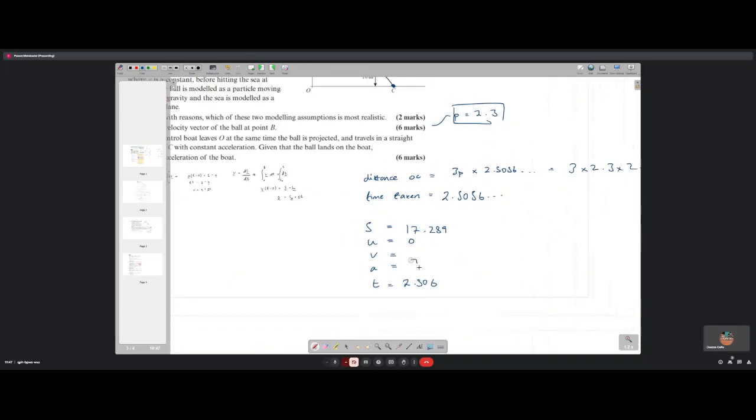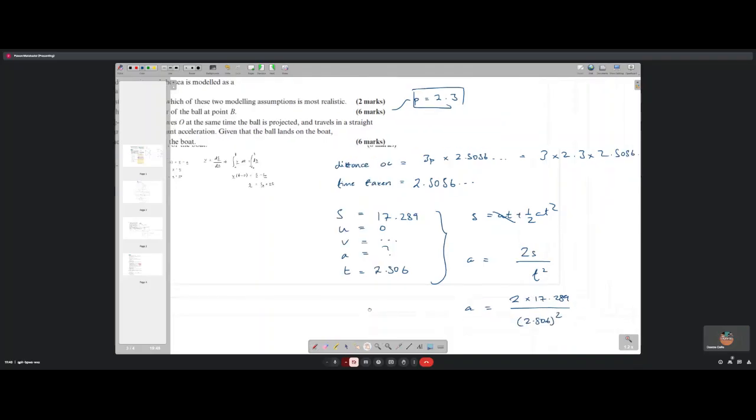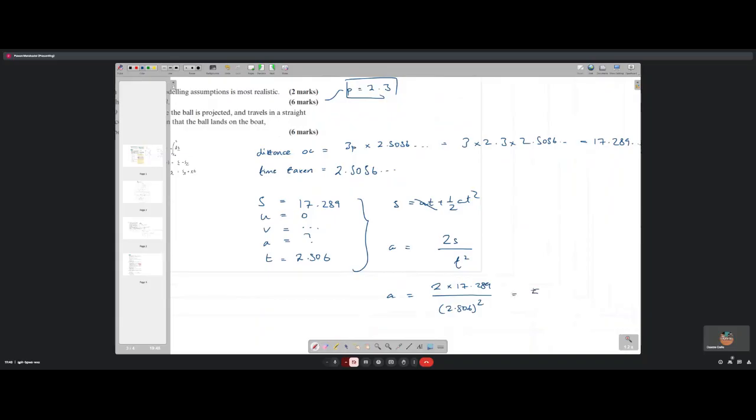You don't know the acceleration, so then you would just use s is equal to ut plus half at squared. So then you would realize that acceleration will just be 2s divided by t squared. So if you calculate that acceleration, you should get 5.5 meters per second squared. Do you have any questions on that?